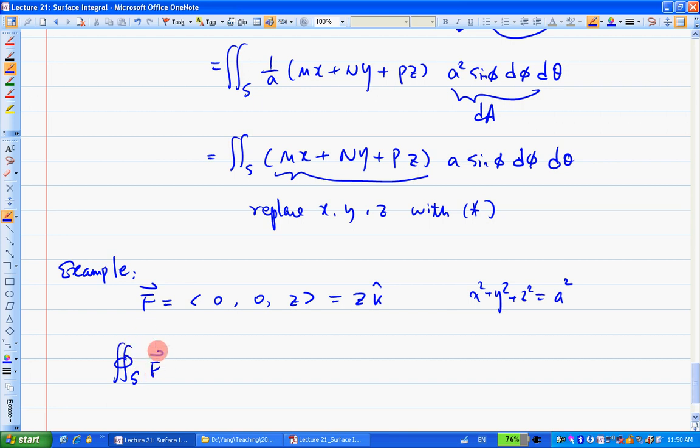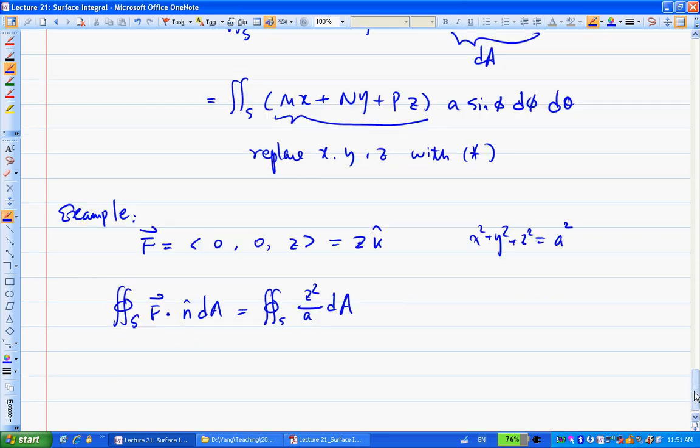So f dot n hat dA is equal to, as we just derived, z squared over a dA. That's what we derived in the previous example. Now I'm going to use spherical coordinates.